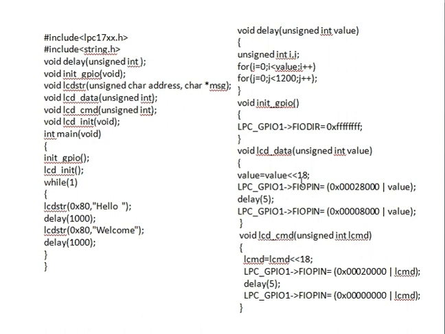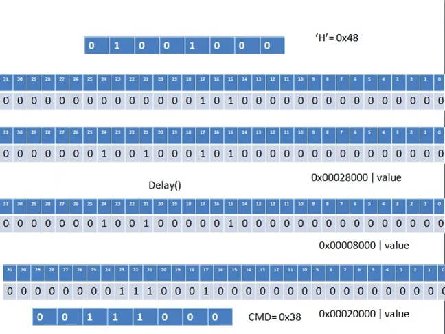In FIO pin register, we will be transferring a data, and this FIO pin register is having 32 bit. So what we do is take the data, that is 38, shift it by 18 bits, so it reaches the position 18, and 18 to 25 position is reserved for placing the data.